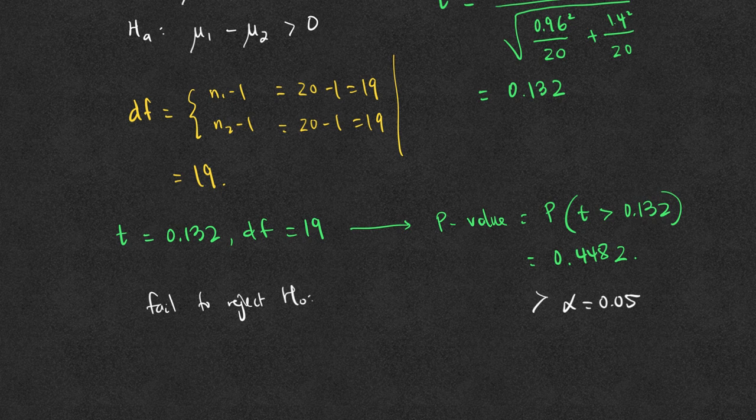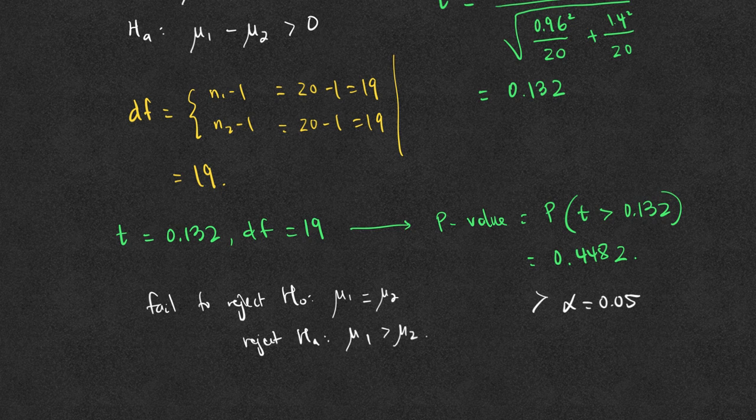Remember that the null hypothesis is mu1 minus mu2 equals 0, or mu1 equals mu2, and we fail to reject it, meaning we support this. And if we support the null hypothesis, then we would need to reject the alternative hypothesis, which is mu1 greater than mu2.